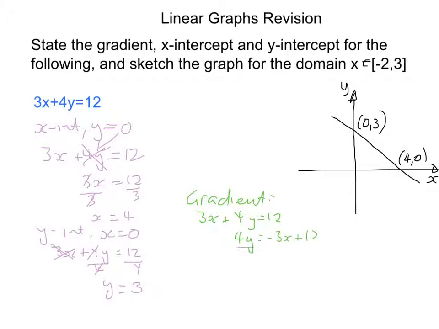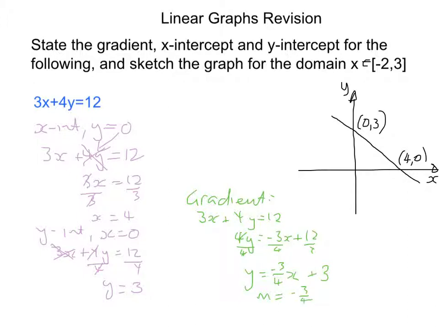And then we'll divide everything by 4. You have to divide the 3 by 4 and the 12 by 4, which will give us y is equal to negative 3/4 of x plus 12 over 4, which is 3. So in this case, the gradient, m, is equal to negative 3 over 4.